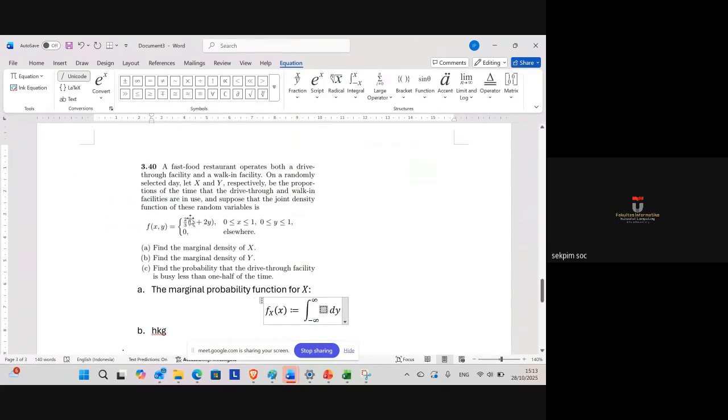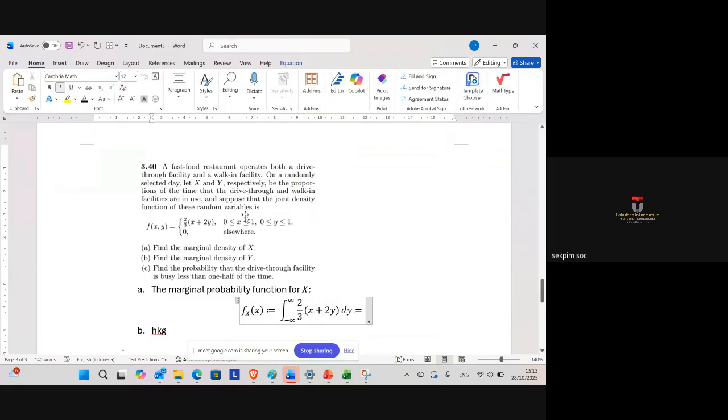And this one is the function 2 over 3 times x plus 2y. We see that the non-zero function value only lies from 0 to 1.